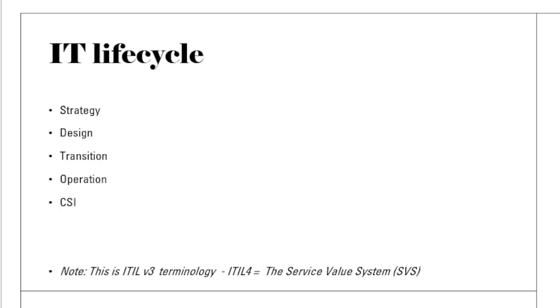And then transition, you would have items such as evaluation, test and validation, knowledge management, sometimes KT, you see that seen as assets, configuration management, transition, support, planning, release and deployment, and change management.